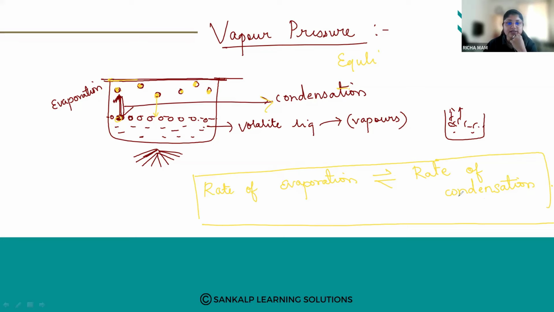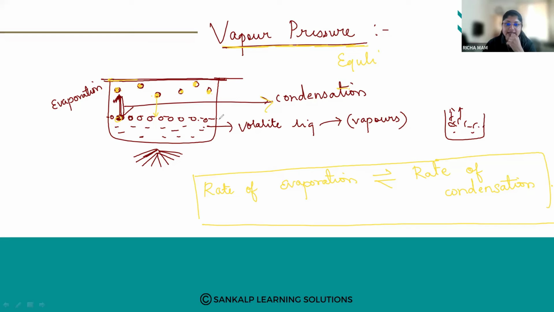Whatever pressure is exerted by the vapor at this point is called what? Vapor pressure. This vapor pressure is established between the liquid and its vapor, and your liquid will be volatile in nature. How many vapors are formed does not play any role.